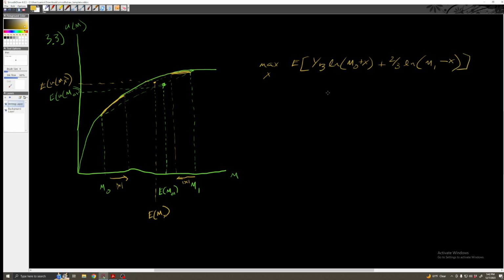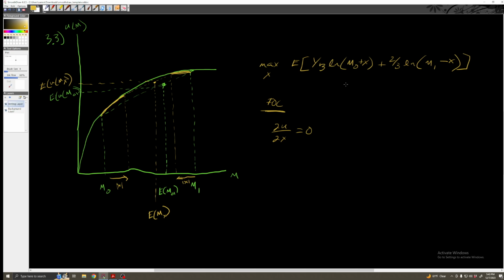And that's what we're trying to maximize, right? So we need to find our first order conditions. This is an optimization problem. So we need to take the partial derivative of utility with respect to x, and set it equal to 0.